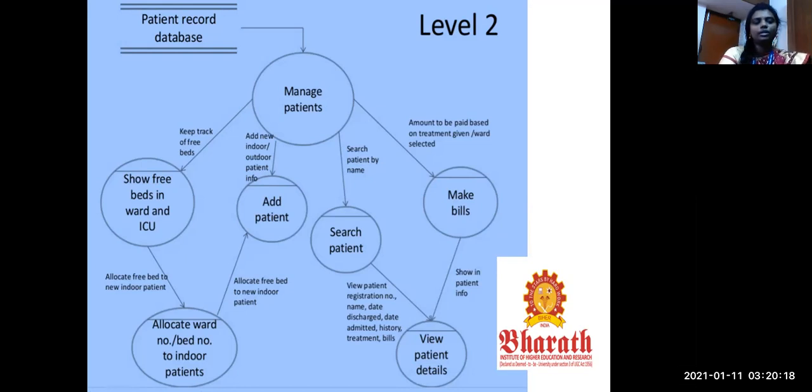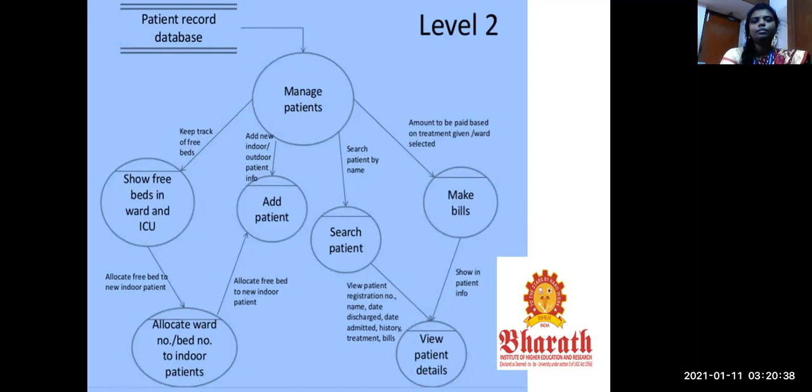So the database will be showing the free beds in the ward and also the ICU. And after that, they allocate the free beds to the new indoor patients. After allocating the free bed, they will allocate the ward number and bed number to the patient, and also enter it into the software.